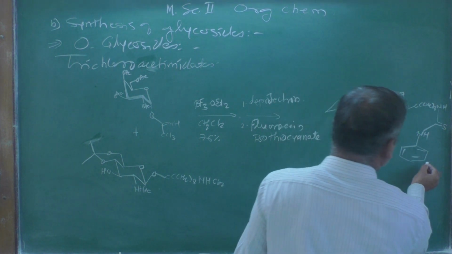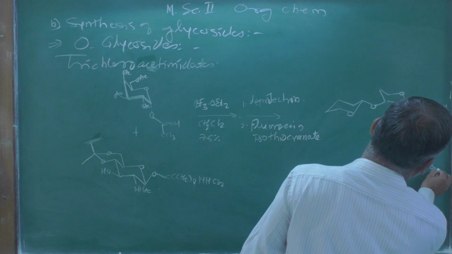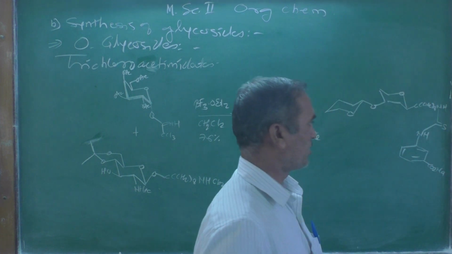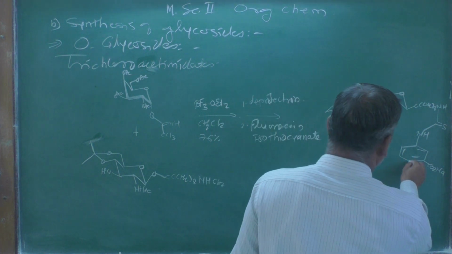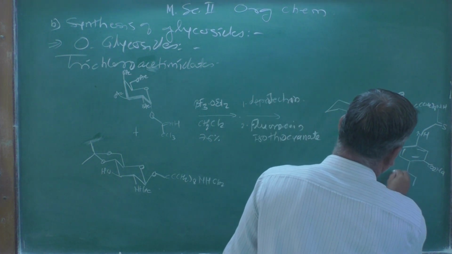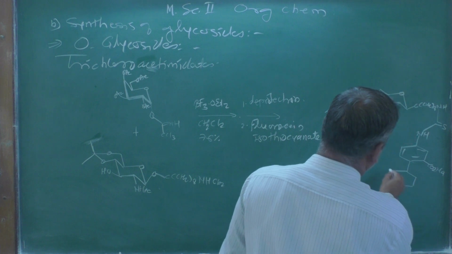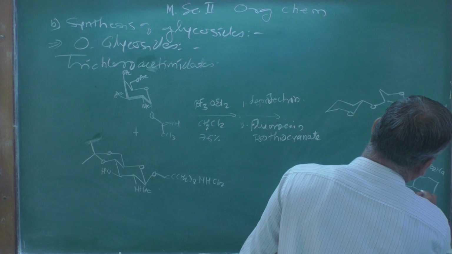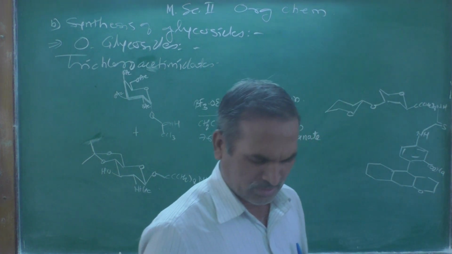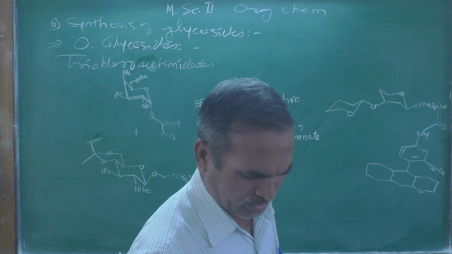CO2Na at the meta position, that is a carboxylic group, and at this position there will be a three-membered ring again attached like this. This is the ring, not here.